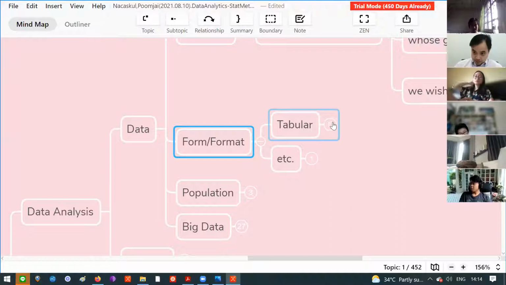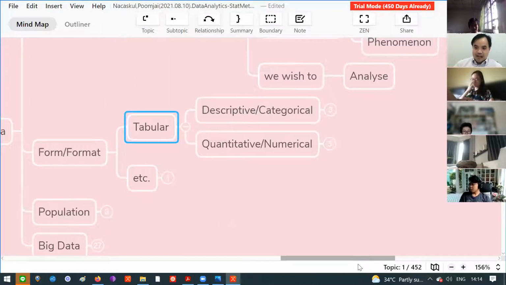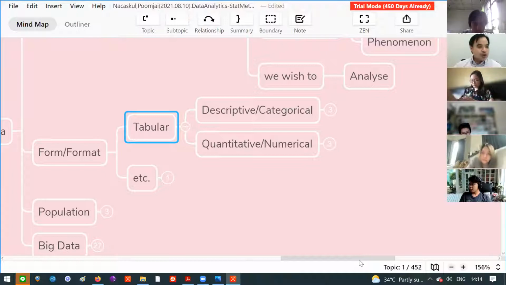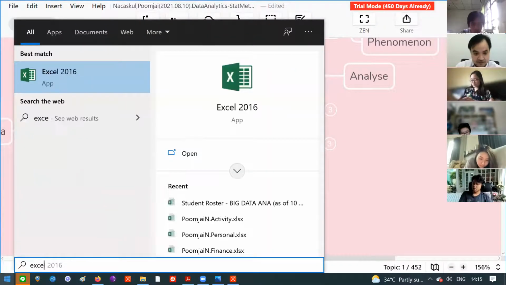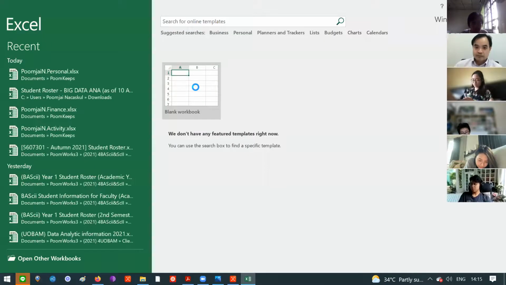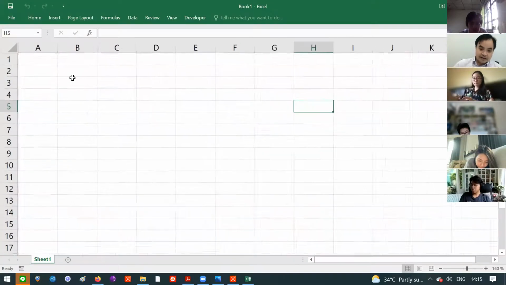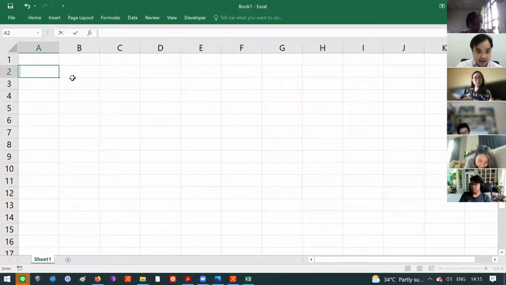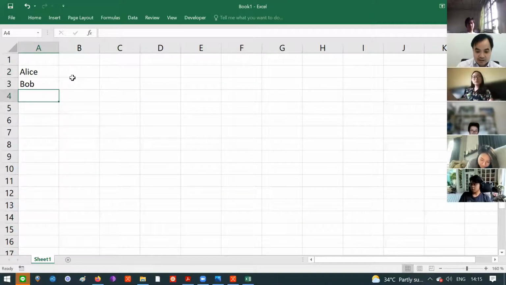Okay. Now, this is where we start to look at real data. You would see two kinds of data. In fact, you can record two kinds of data on Excel. So let's say I have an Excel. You can say this is Alice, A, let's make it Alice, B, let's make it Bob, C, let's make it Chris, right?